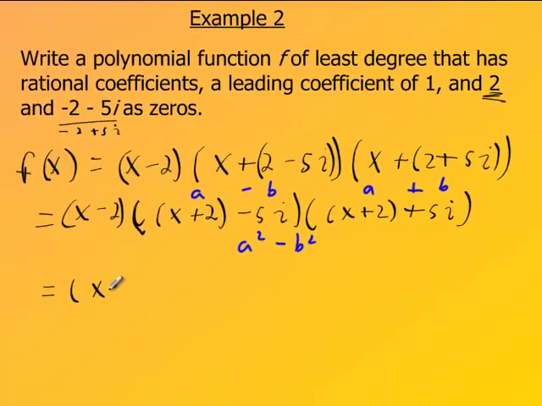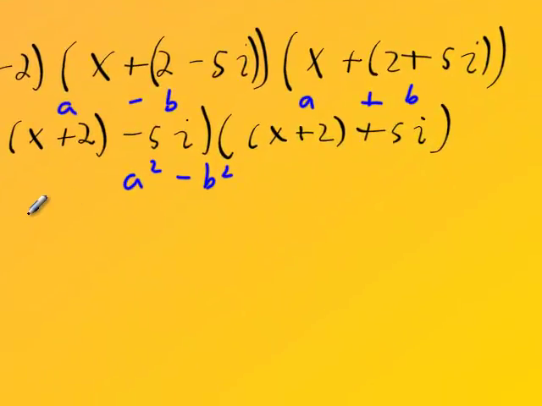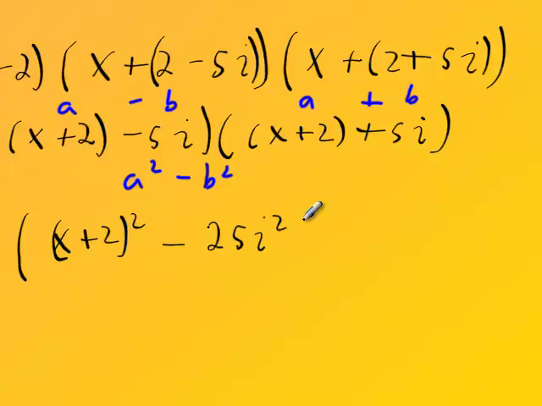So we'll apply that here, because you could multiply together using the distributive property, but it'll be a huge time saver if we just simply use this property. So I'm going to do a squared, so a being x plus 2, so x plus 2 squared, minus b squared, where b we have the 5i, and that's going to give me 25i squared.